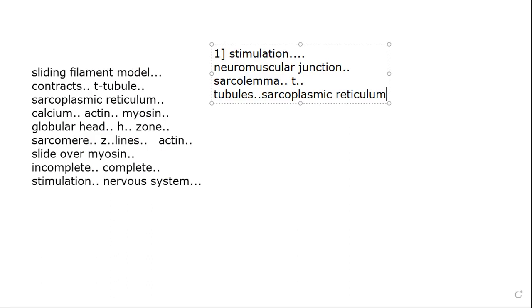Inside the sarcoplasmic reticulum, we have a special type of gateways. In this case, the gateways that are going to be active are the calcium gateways. These calcium gateways will open up when the impulse reaches them. When they open up, they will start to pour calcium ions into the cytosol, which changes the concentration of calcium in the cytosol.